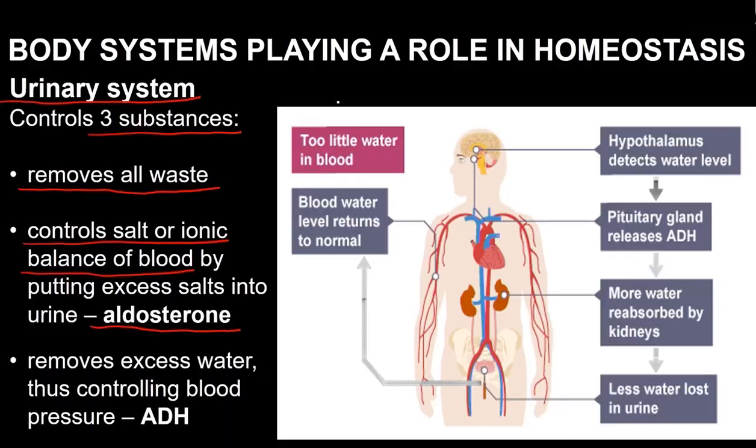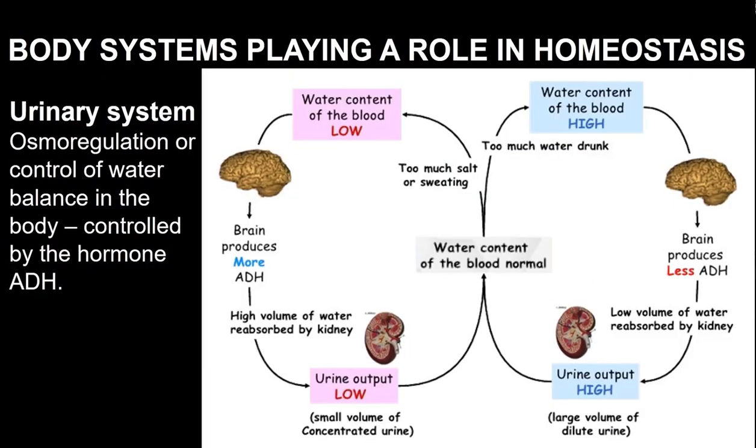Then the third, and this is very important, it removes excess water, thus controlling the blood pressure, by a hormone called ADH. And we are going to be looking at ADH in a bit more detail because that's quite important in homeostasis.